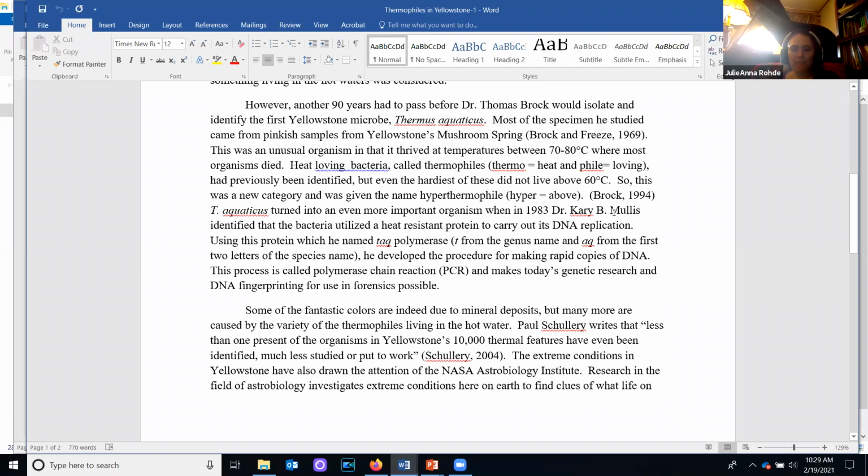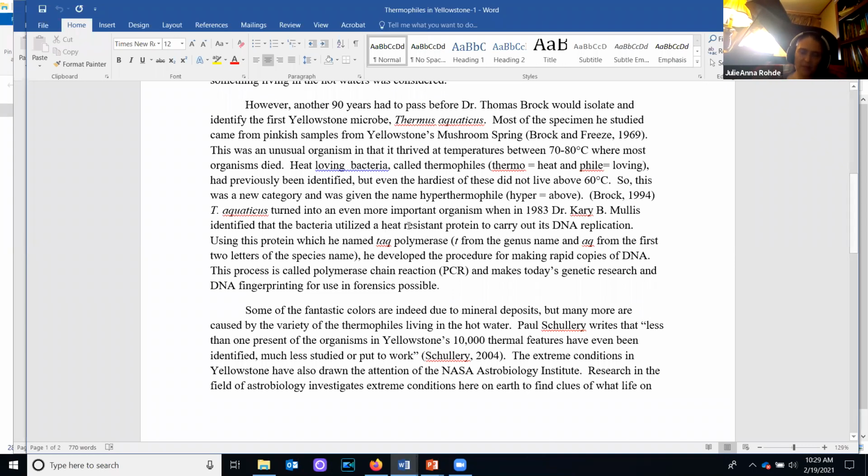And so later, it was a while. In '83, Dr. Kary Mullis found that if he extracted out this particular enzyme, I mean, it's like we found the bacteria, but now we got to find the enzyme.